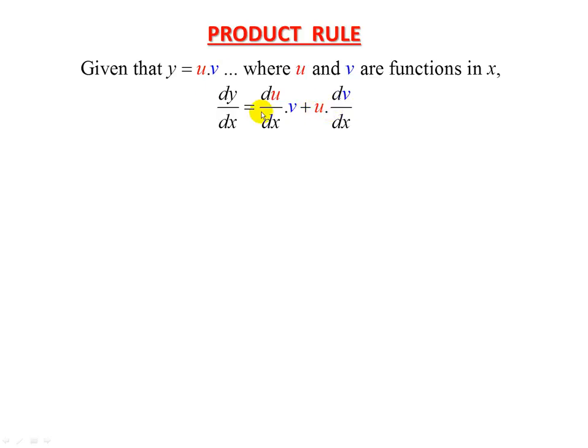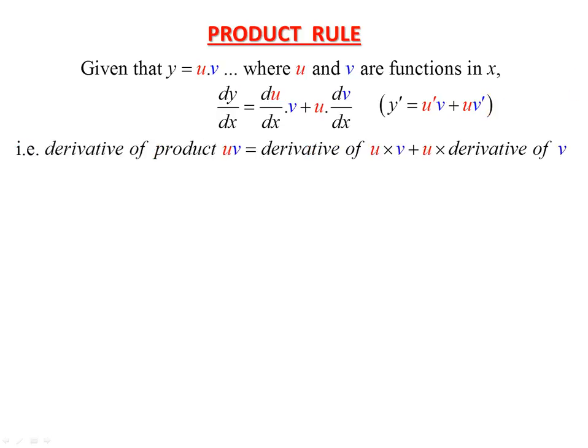So each gets a chance to be differentiated. Each gets a chance to lie fallow. There we are. There's the shorthand often used at universities. y prime equals u prime v plus u v prime. Quite a useful shorthand. And to sum it up, product rule says the derivative of product uv is the derivative of u times v plus u times the derivative of v.